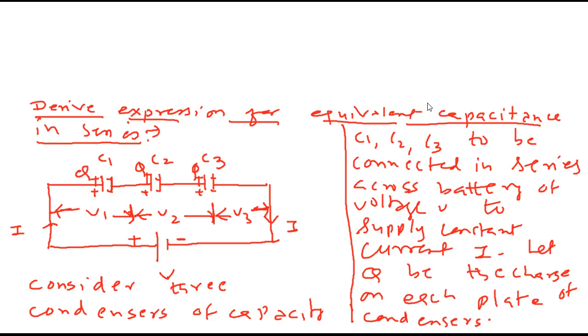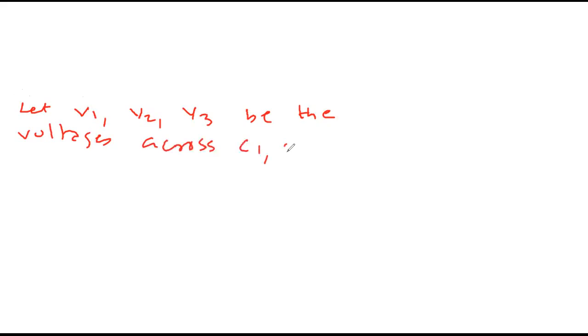Charge is same. What about voltage? Is that also same? No, no, no. In series voltage is not same. So I can say let V1, V2, V3 be the voltages across C1, C2, C3 respectively.